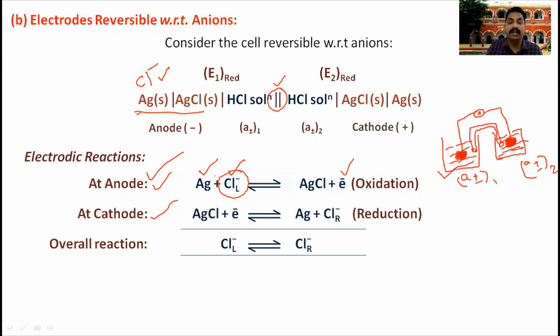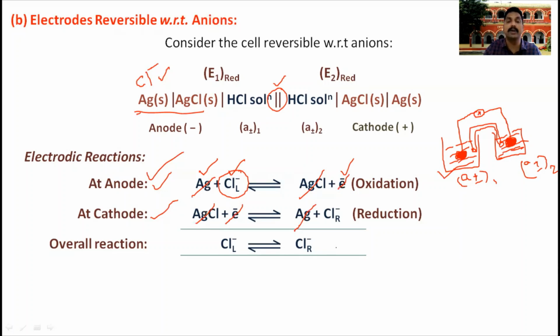If you see the overall reaction, silver and silver cancel, silver chloride cancel, 1 mole of electron and 1 mole of electron cancel. So remaining we have chloride ions on the left hand side to form chloride ions on the right hand side.